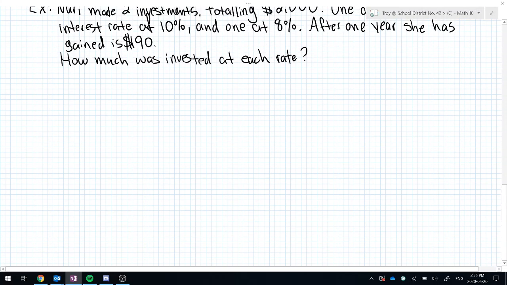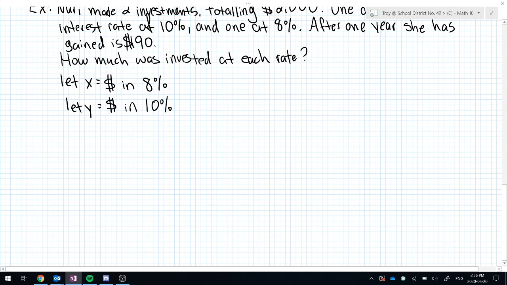Okay, so we're going to let x equal the amount of dollars that went into the 8% account. And we're going to let y equal the amount of dollars that went into the 10% account. Okay?